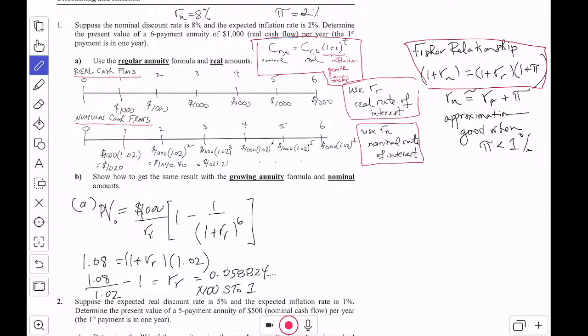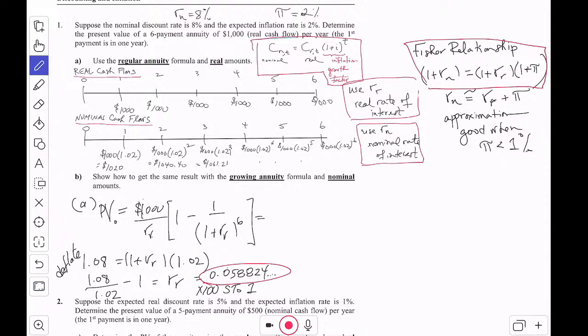So this is our rate, and to get it, we had to deflate the nominal rate to find the real rate. Now, if you put this times 100 in storage, you can find this answer.